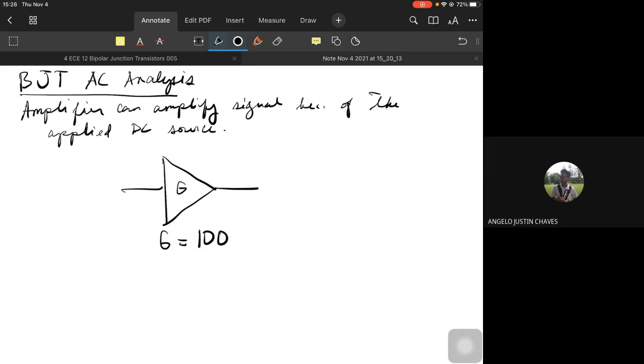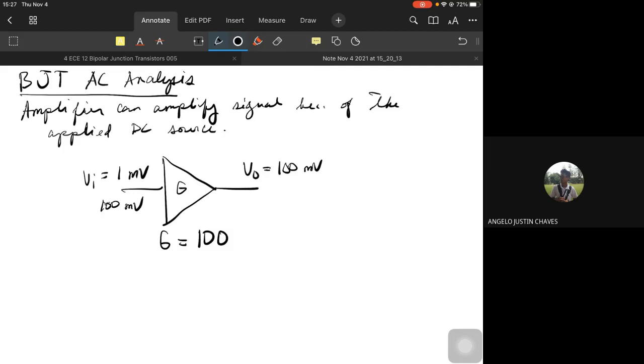So it would be easy to think that if the input to our amplifier is, let's say, 1 millivolt, the expected output is, of course, 100 millivolts, right? What if the input is 100 millivolts?